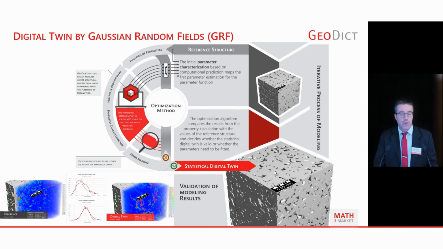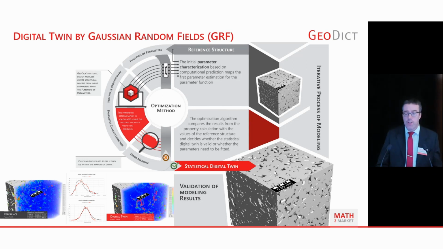And this will be chosen to change the generation parameters to get the next structure in the next iteration in the next loop. Down there, for example, on the lower left, you can see the reference and the approximation, and the pore size distribution and the grain size distribution were used as target values. You can see both are fit quite well.